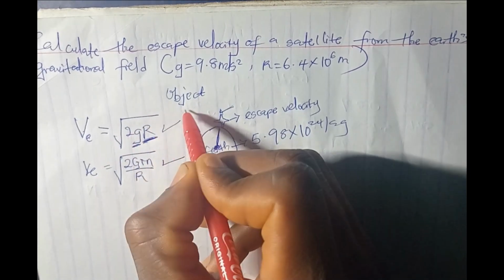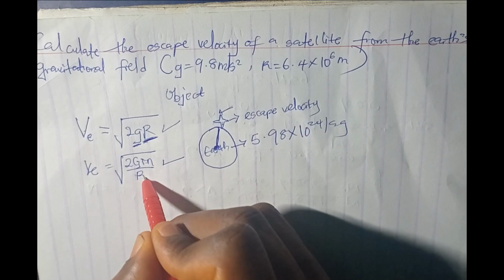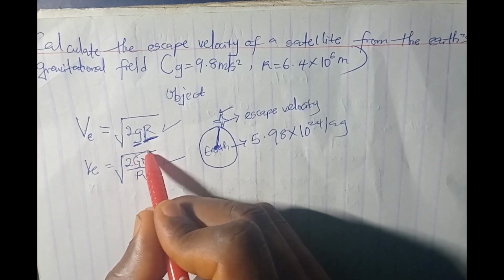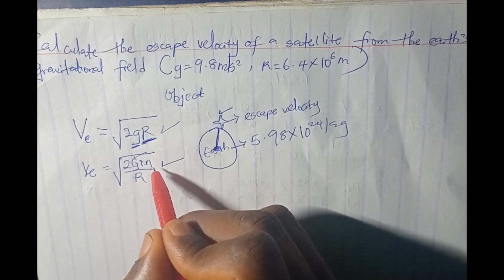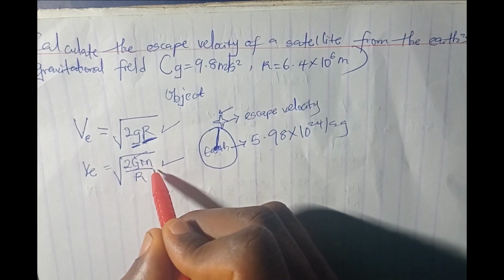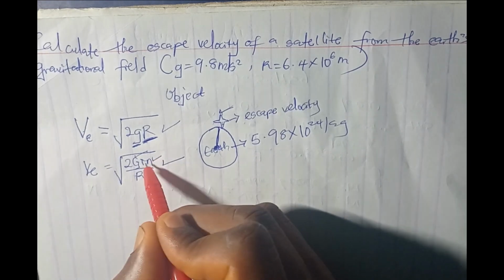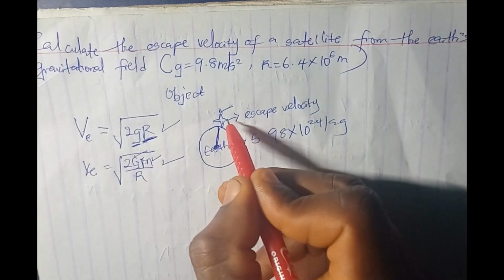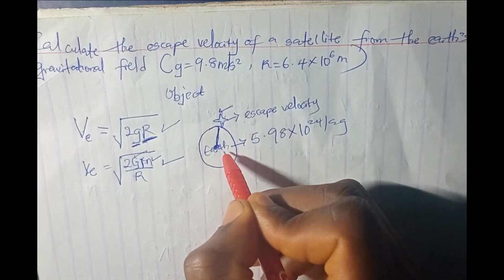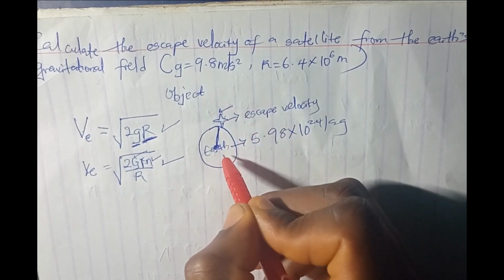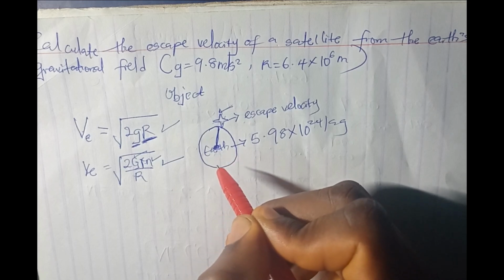Now, I've explained this one. Here, what we have is the square root of 2GM all over R. By now, you should know this if you've been following me. Capital G is the universal gravitational constant. This bigger mass is not the mass of the object that is leaving. It is actually the mass of the astronomical body, the one that is meant to attract, the bigger one.